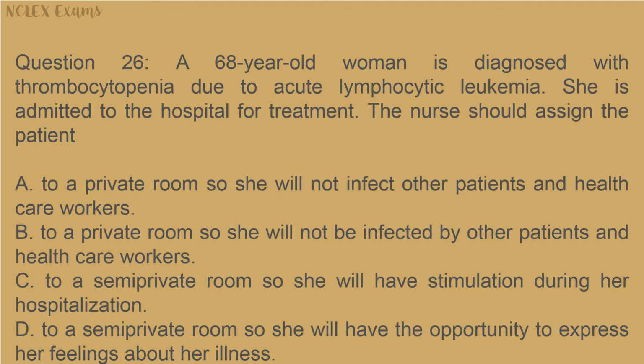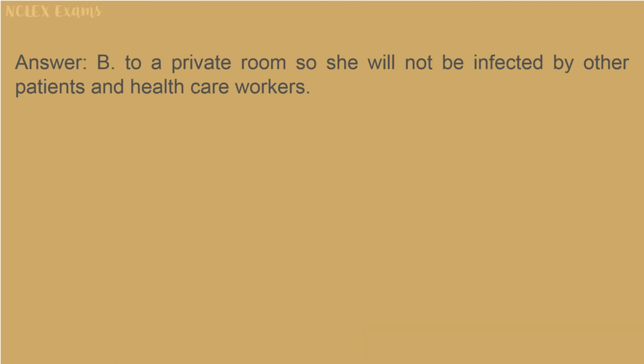C. to a semi-private room so she will have stimulation during her hospitalization. D. to a semi-private room so she will have the opportunity to express her feelings about her illness. Answer: B. to a private room so she will not be infected by other patients and healthcare workers.